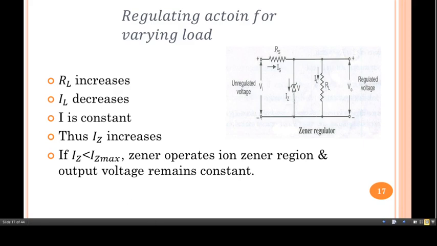In this way the Zener diode is used to make the output voltage constant, or to make the regulated output voltage. So this is the way we can use the Zener diode as a voltage regulator.